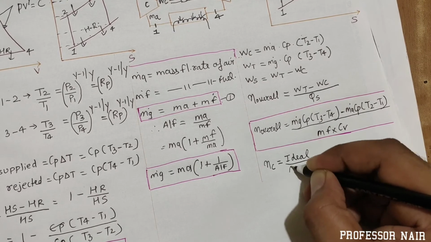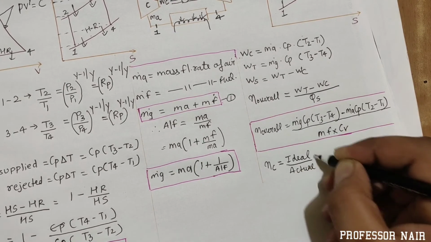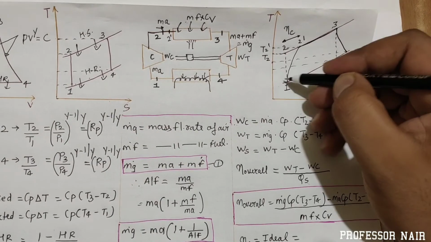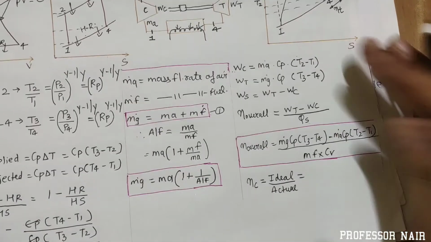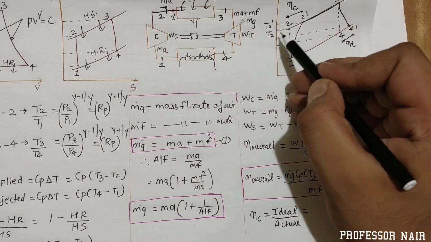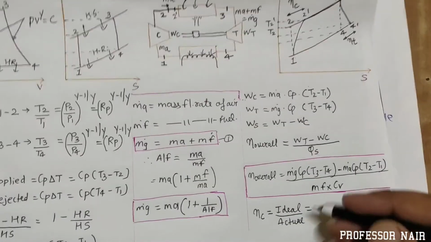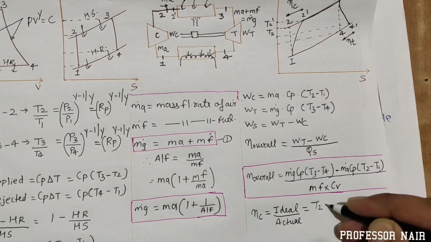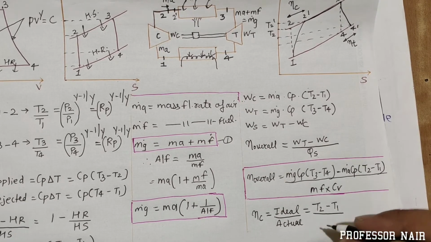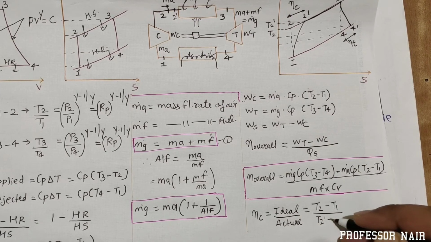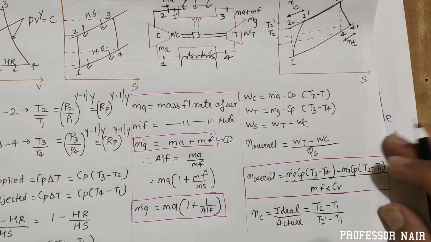Ideal is 1 to 2 and actual is 1 to 2 dash. So the ideal value would be T2 minus T1, upon actual, which would be T2 dash minus T1.